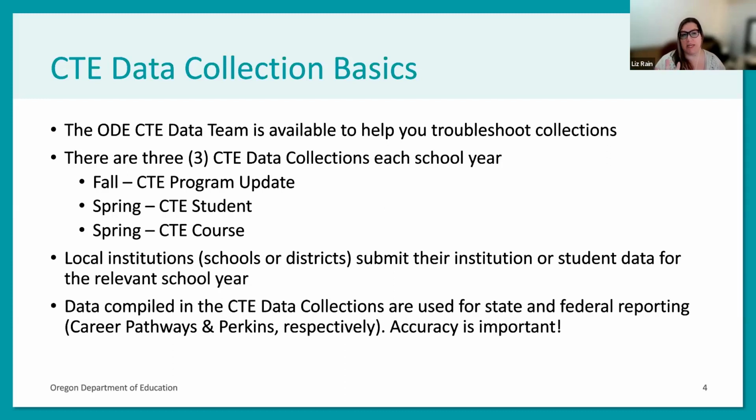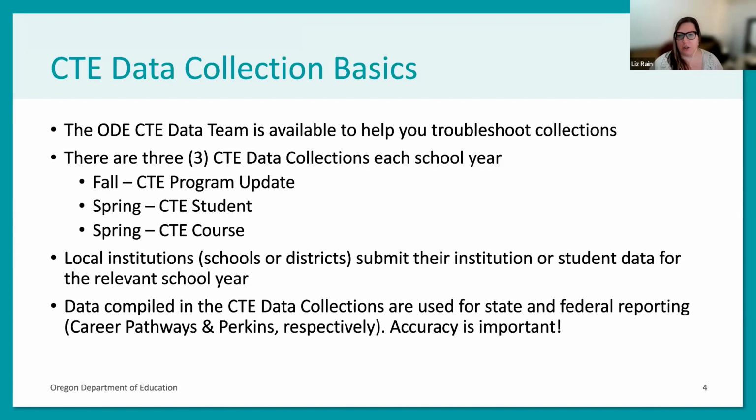So there's 3 data collections each school year. We're going to primarily talk about the spring one, but there's also a fall one, and that's in the beginning of the year. And that's the CTE program update. But today we're talking about 2 collections that are happening in the spring, the student and the course.